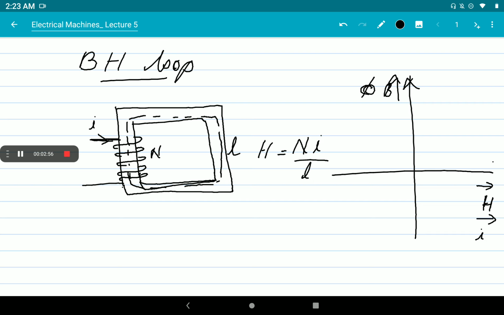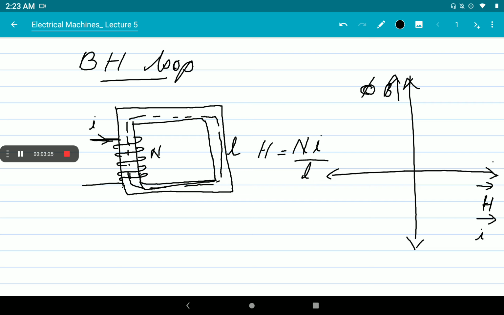This is the magnetization characteristics curve. Okay, so we can say this is a magnetization curve or BH loop. We are taking magnetizing field intensity or current on the x-axis, and flux density or flux on the y-axis. This will give the magnetization characteristics of a ferromagnetic material.